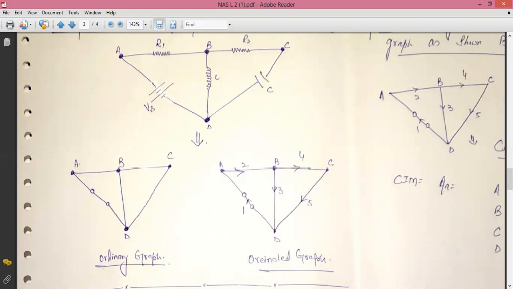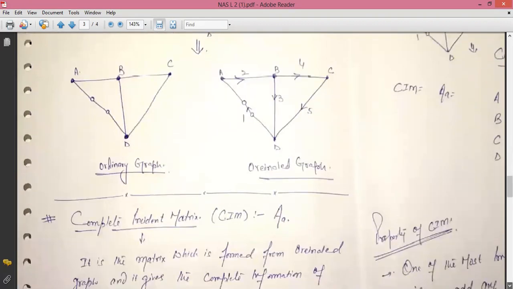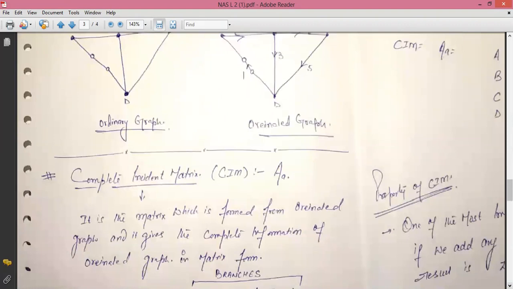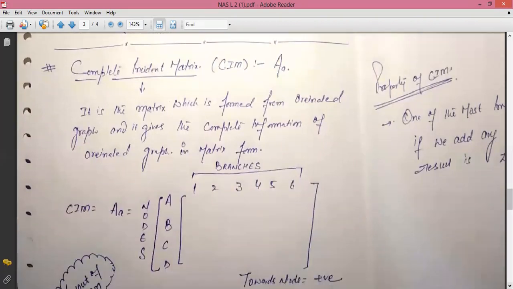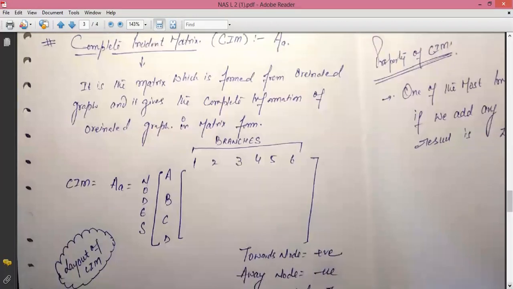So after that, once you have completed the ordinary and oriented graphs, there is one more important term that comes into the picture, and this is called the complete incident matrix. This is known as CIM. The full form is complete incident matrix, and it is denoted by capital A subscript small a.